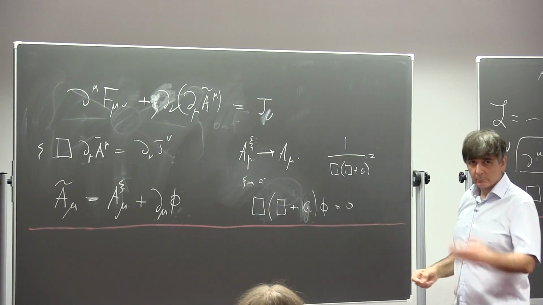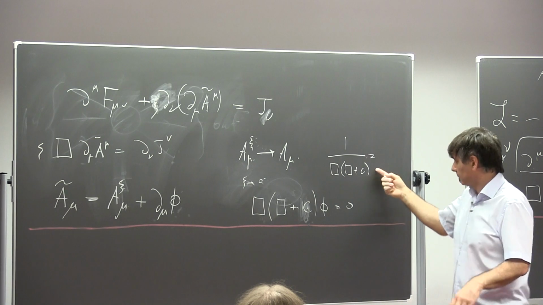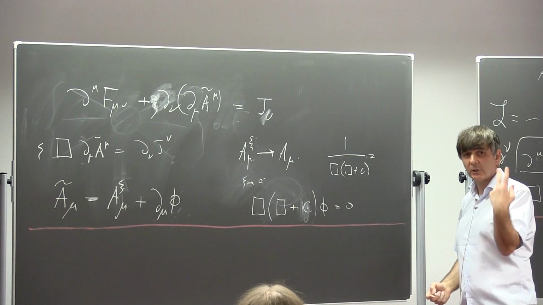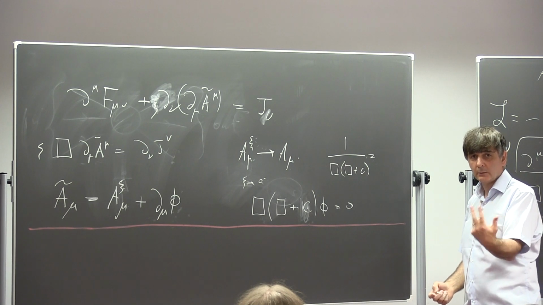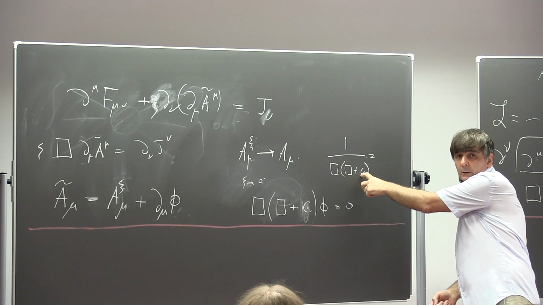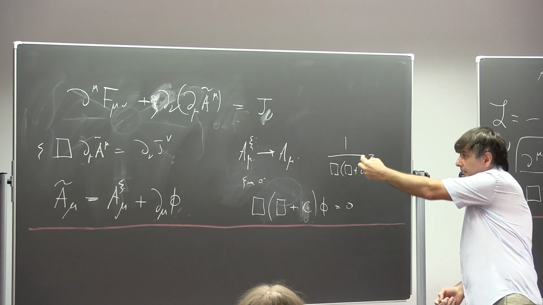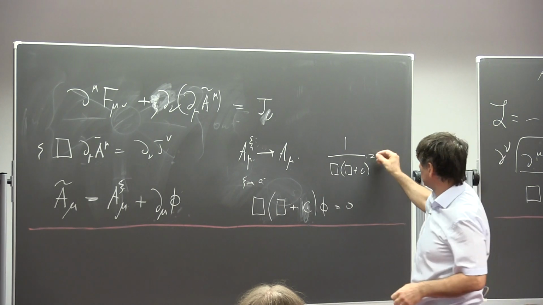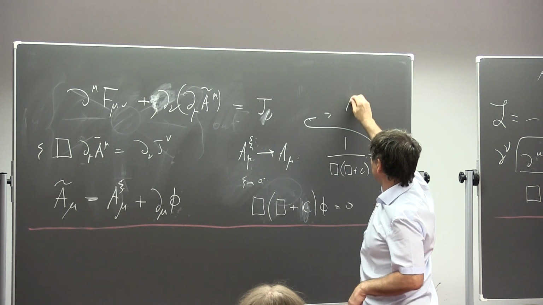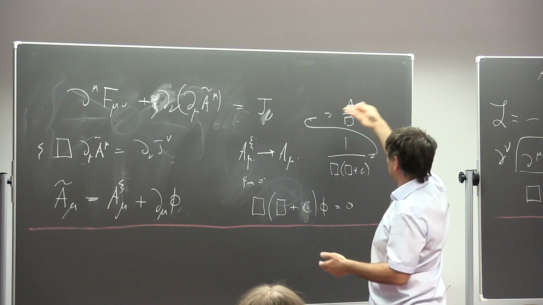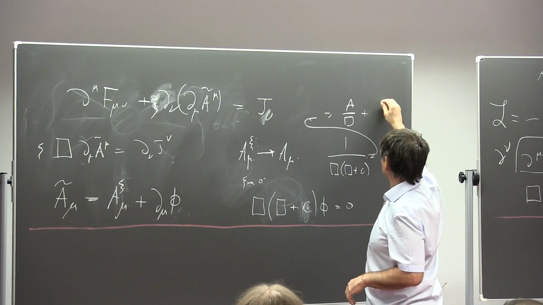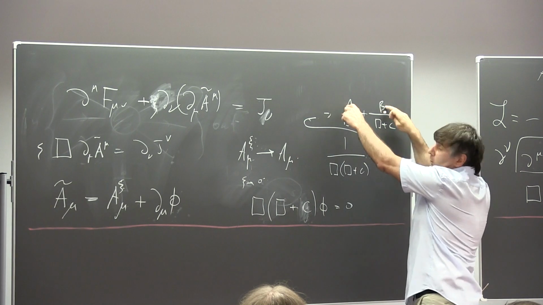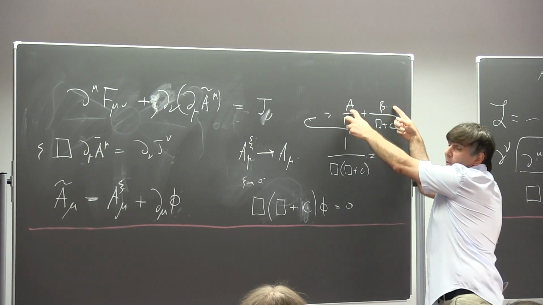But actually, you can prove very easily, let me not use this time for that, that this Green's function, in fact, is a linear superposition of 2 Green's functions. One has a pole at C, another one has a pole at 0. But their signs must be different. So this means that you will have A/□ and B/(□ + C), and they cannot both be positive.